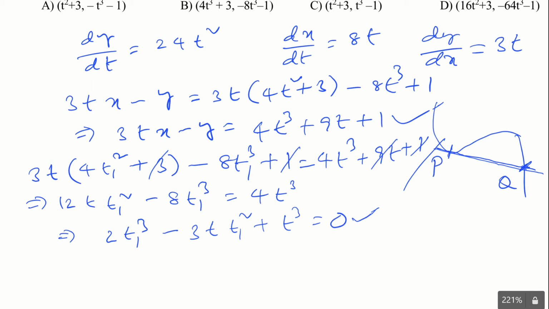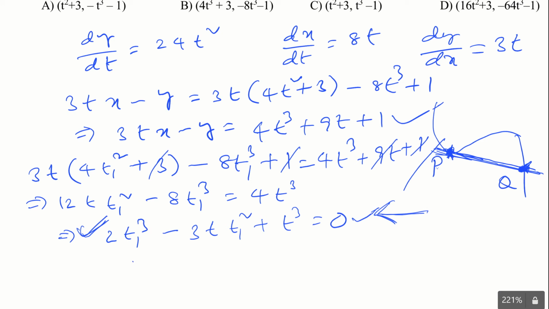Probably it can be more than that, but we are getting here a cubic, and moreover, this being a tangent, this is a common point basically. It should come out as a root of this equation. And we know that P is nothing but t. And as it is a tangent at t, it will have t as a double root. So its roots are t1 and two roots will be t and t.